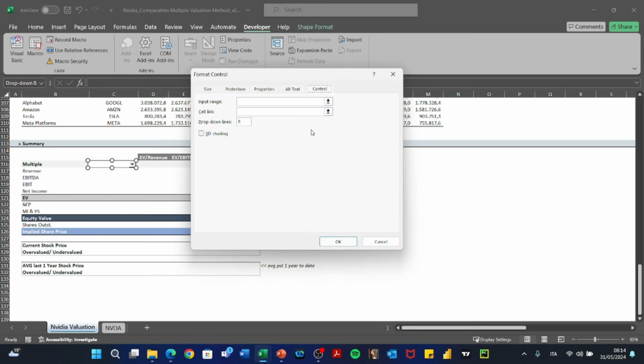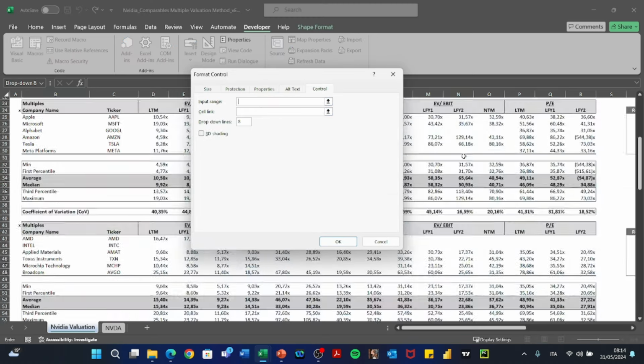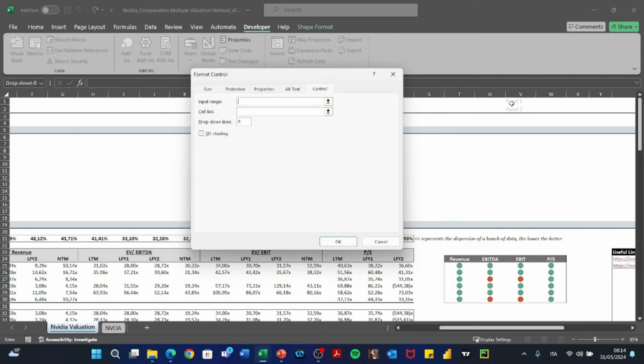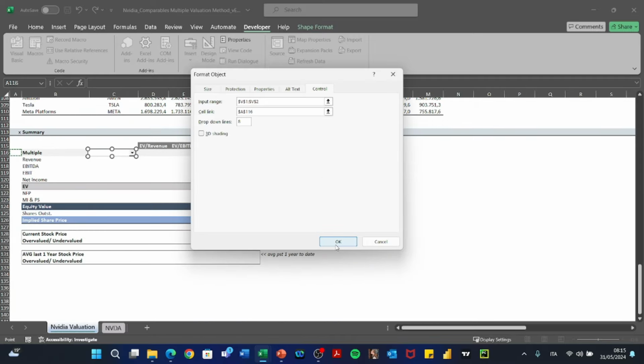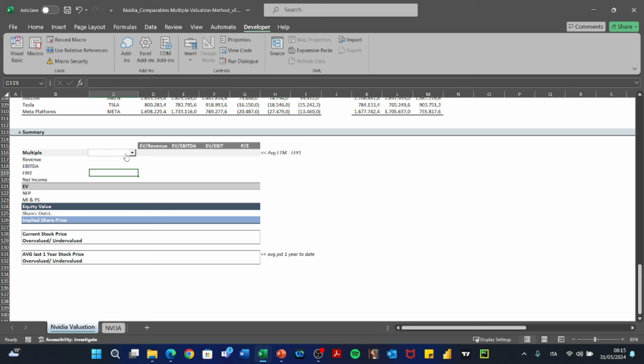Okay, form control, input range, panel 1 and panel number 2. Okay, so in this case, let's take for each one of these the average of the last 12-month data and the last fiscal year data.